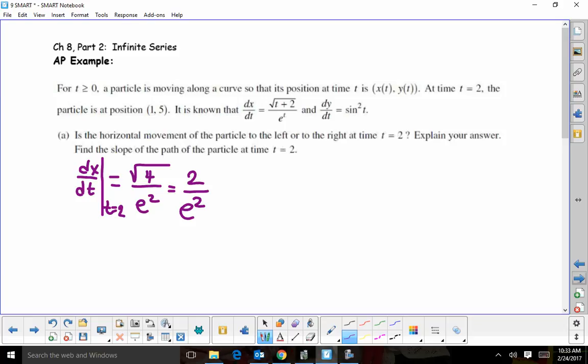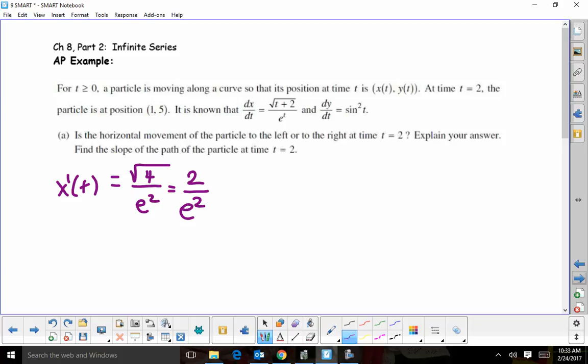So it's moving to the right. Because what? If you said x what? Yes. So you could have said that this is x prime of 2. That's great. What if I said this? No, wrong.